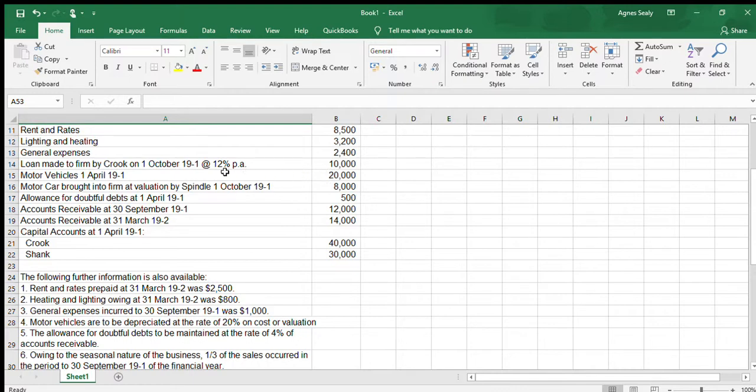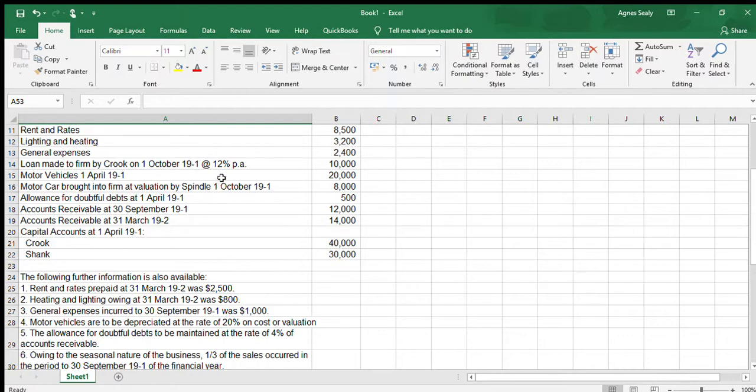But this loan was made to the firm by Crook on the 1st of October. That is very important to know, that when the loan was made to the partnership, it was only made on the 1st of October, which means that this loan was made in the second half of the year, and also it was made at the time that the partnership admitted Spindle into the partnership.